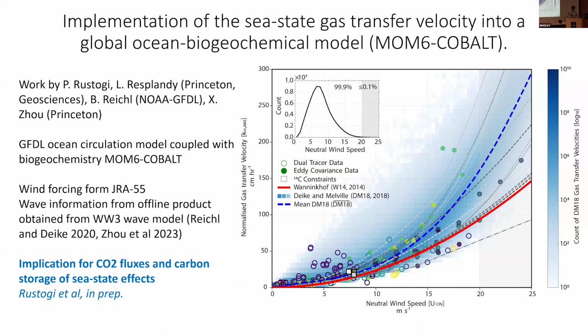The wind is forced through a wind product, and the wave information was computed previously through a separate run. So at every time step of the ocean model calculation, we go to a table and pick the corresponding wave, and you get this nice map where, instead of having just the red or just the blue curve, which would be a single value of the gas transfer velocity at a particular wind speed, you have a whole spread indicated with the bluish colors.